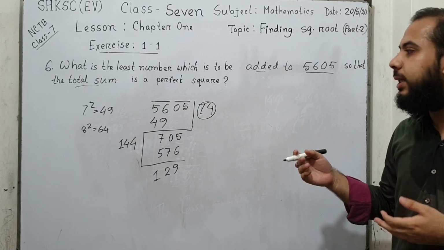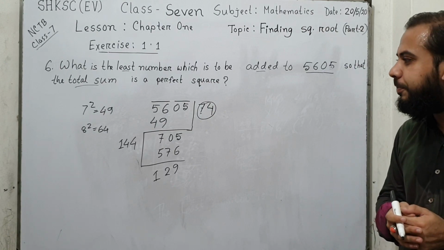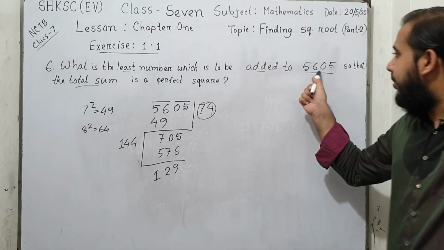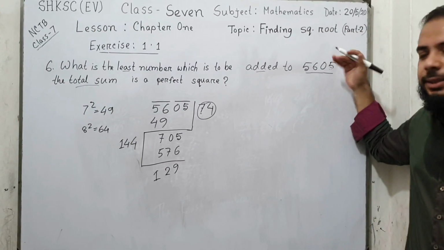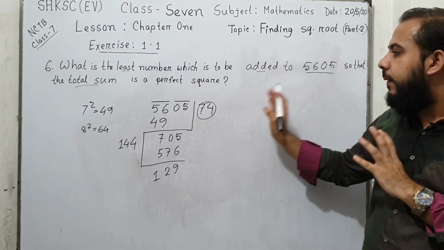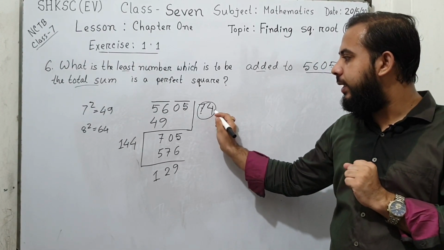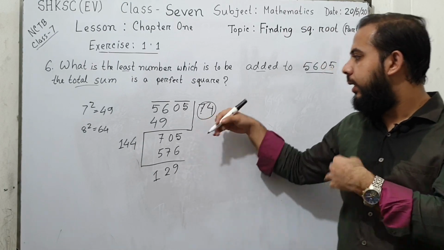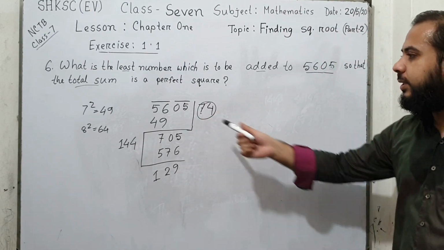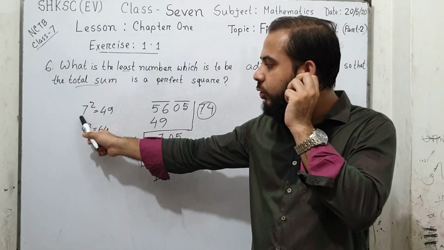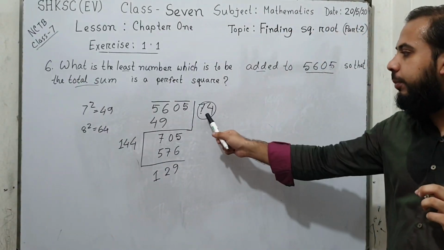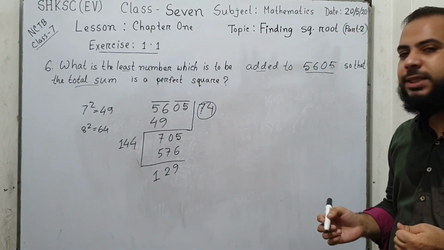It has to be 75. Why? Because if we add some number here, it will increase, and then the closest will not be 74. The closest number will be the next digit, because the root of a perfect square should be an integer. So the next integer will be 75.